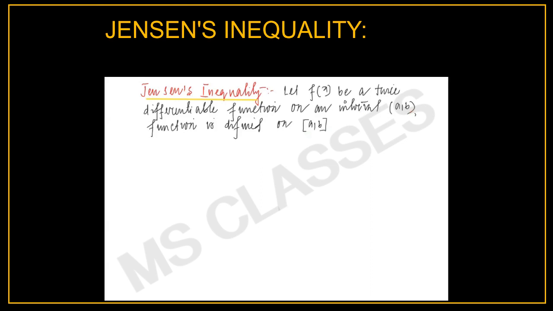And f double dash x is less than 0 for all x belonging to the open interval (a, b). So it is given that we have considered a function which is double differentiable on the interval (a, b), and the function is defined on the closed interval [a, b]. f double dash x we have considered less than 0 for x belonging in the open interval.